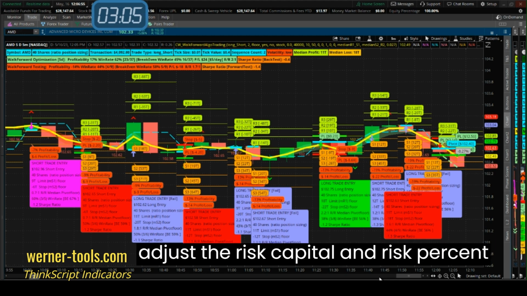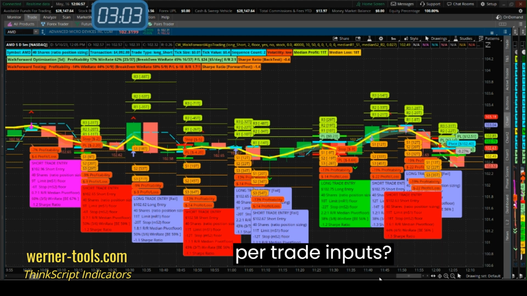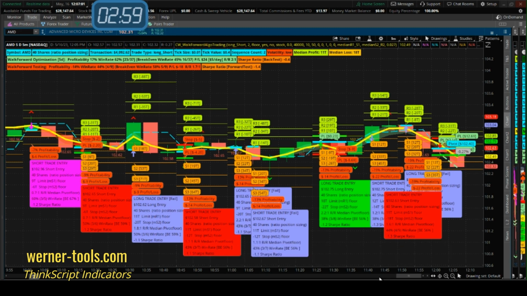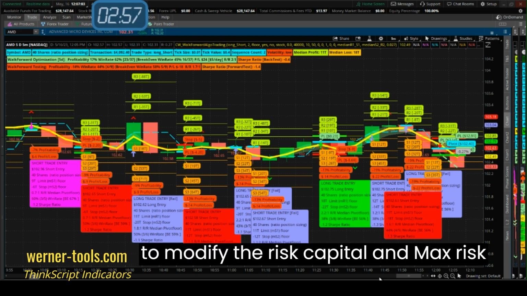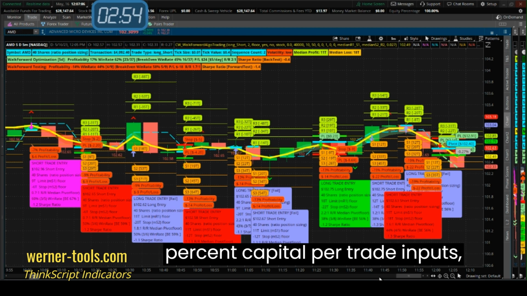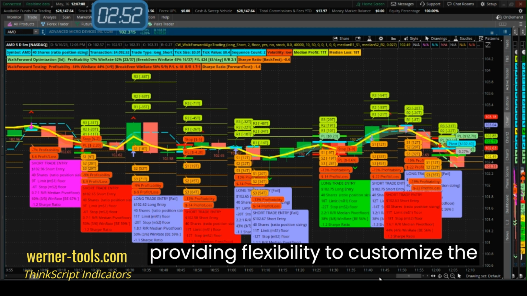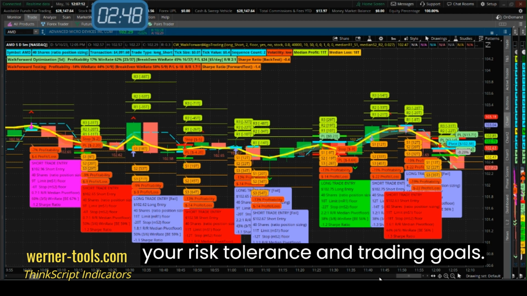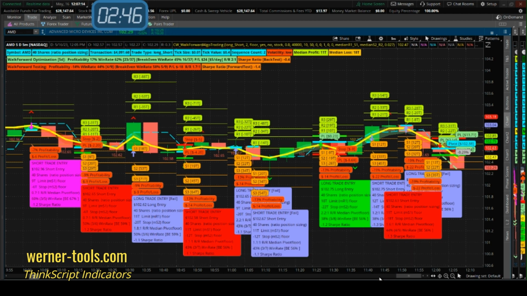Question: can I adjust the risk capital and risk percent per trade inputs? Absolutely. The tool allows you to modify the risk capital and max risk percent capital per trade inputs, providing flexibility to customize the position sizing strategy according to your risk tolerance and trading goals.